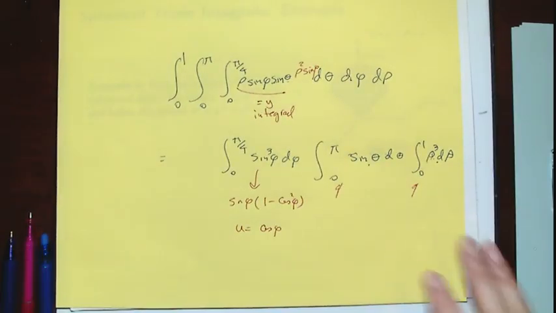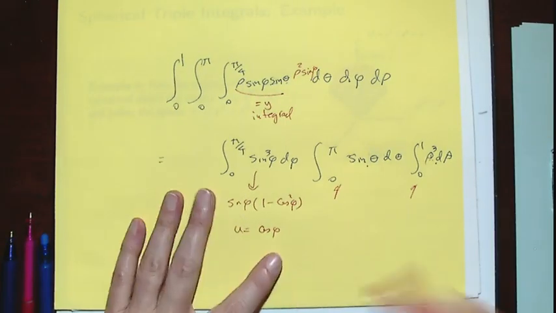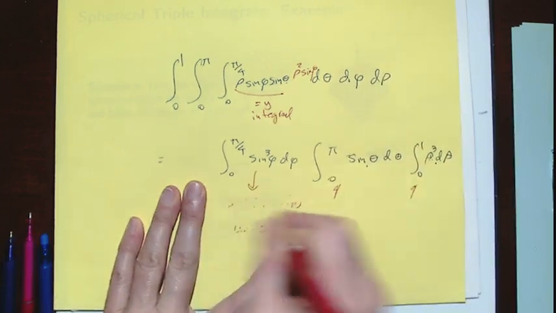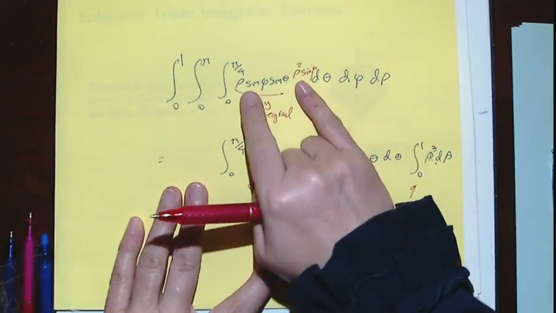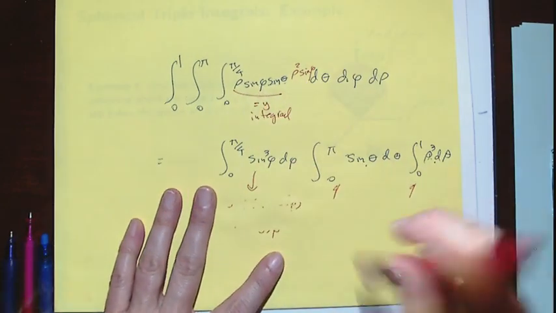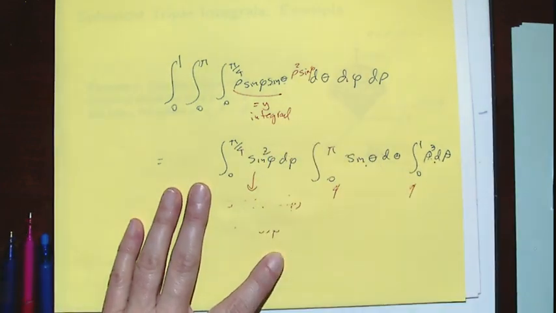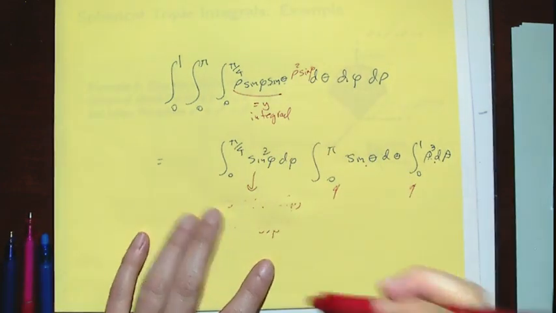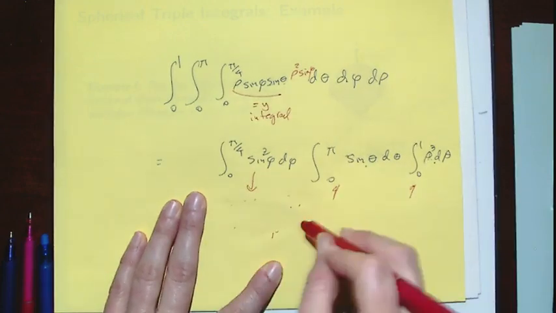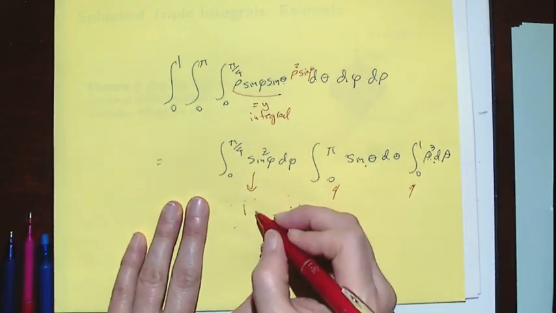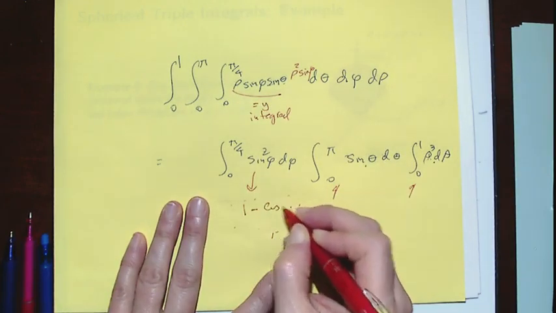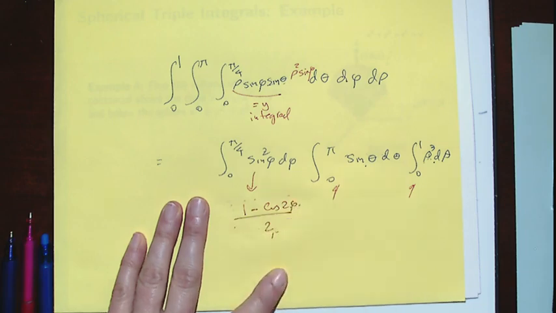Oh, I messed up, didn't I? How many sines do I have? 2. Sorry about that. So let's change the method. This method is going to be 1 minus cosine 2 phi divided by 2.